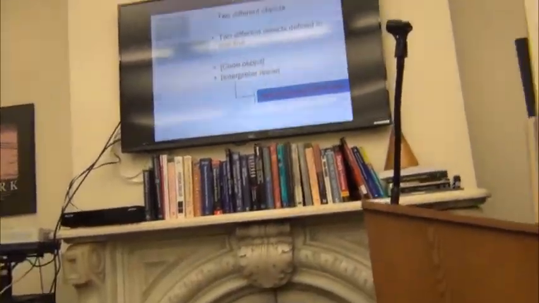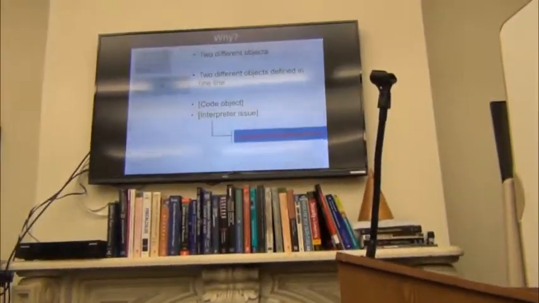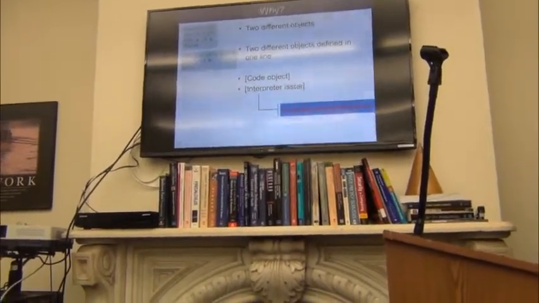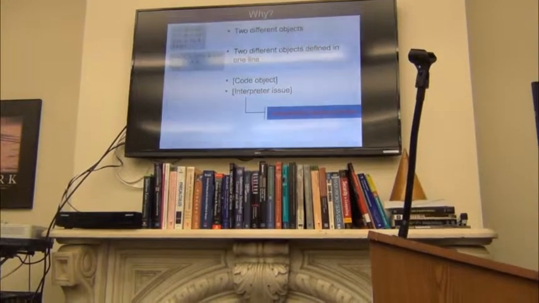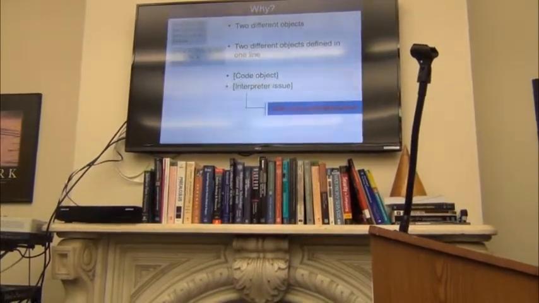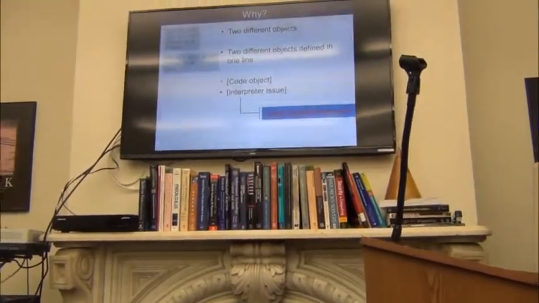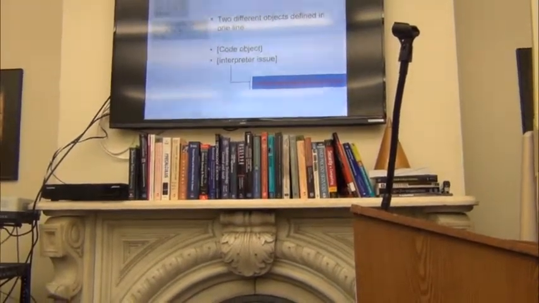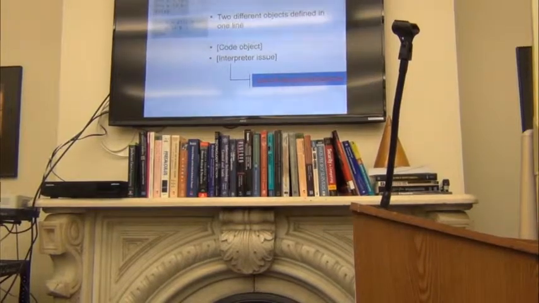Okay, so I already explained that. Two different objects. Yes, there are two different objects, but is that what we are comparing right now, like Java or C? No, it's not, right?